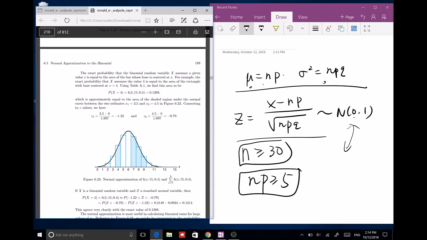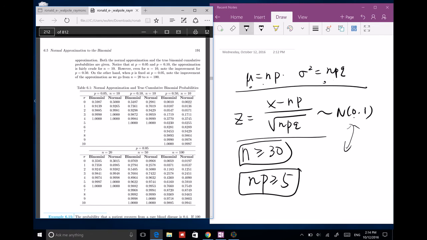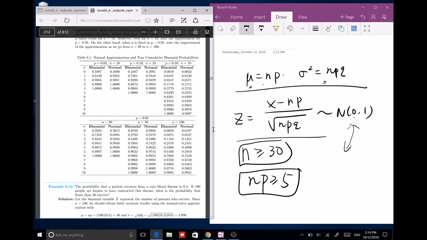There is a comparison table. The left side is binomial, the second side is a normal distribution. So compare them. When np is big, they are very close, especially when n is 100. When n is very big and np is bigger than 5, then it's very close.